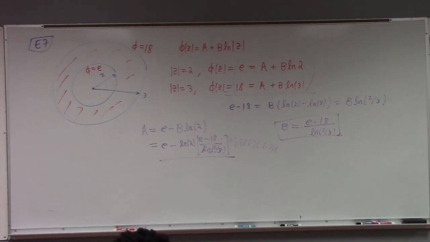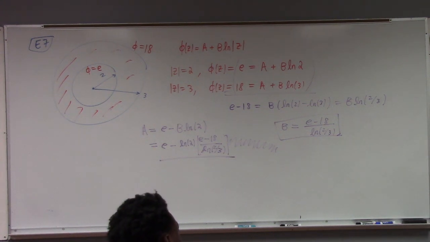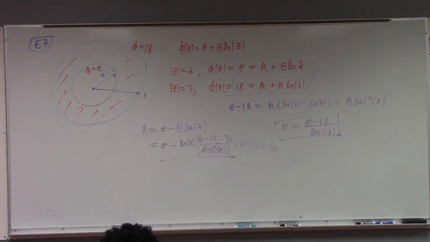It's 1 between -1 and 1. And it is 0 over here as well. But it's harmonic on the upper half plane, so like up here. This is, of course, the real axis.